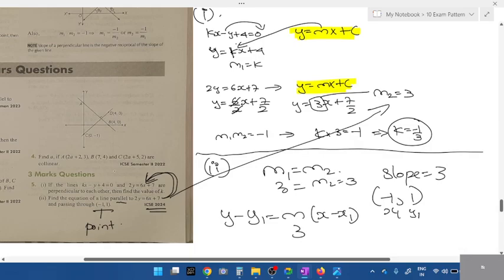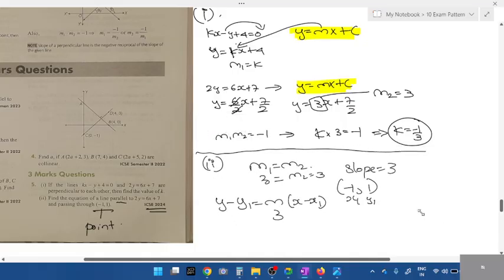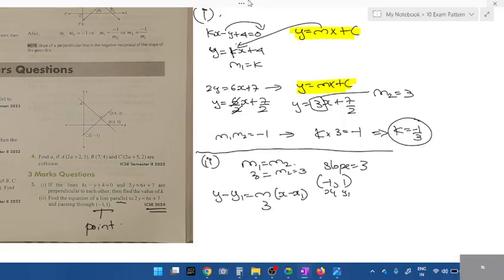Remember, in the second one, they have compared it with the first one, students. Second equation. And it is parallel. If it is said to be parallel, their slopes will be equal. That's it. This is how they'll give. It is kind of quite confusing, but very simple to solve if you understand the logic.